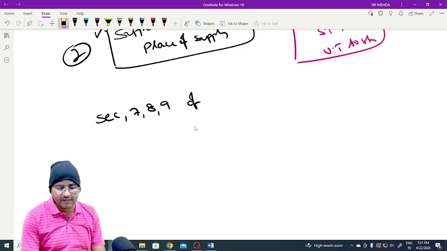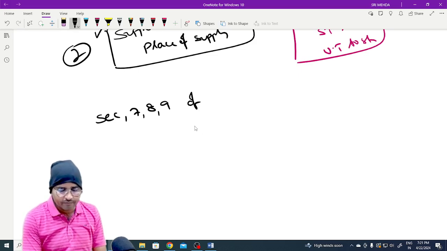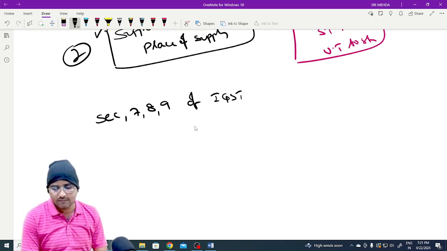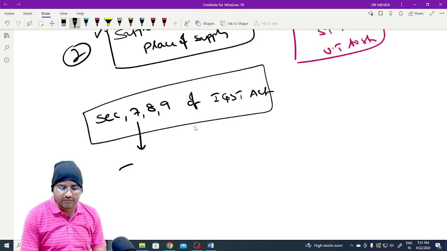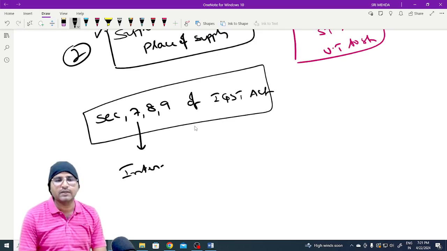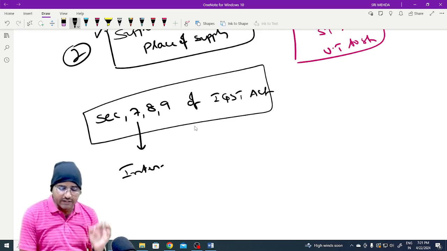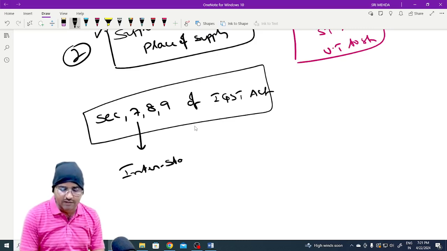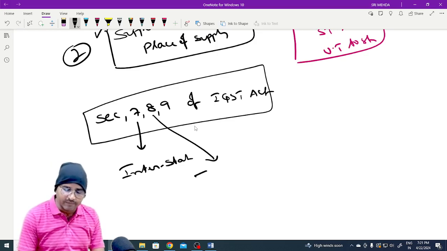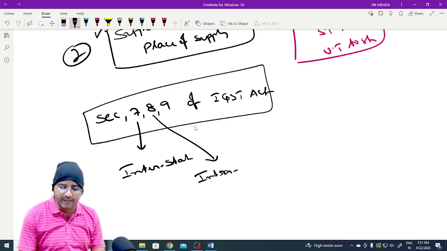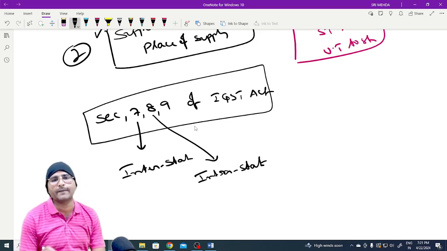Section 7 deals with what are the supplies that shall be treated as interstate supply. And section 8 of the IGST Act deals with what are the supplies that will be treated as intrastate supply.